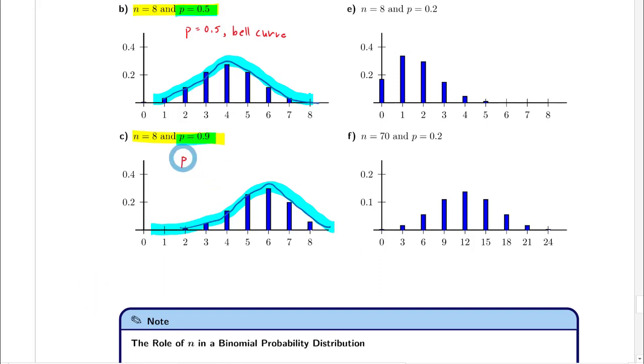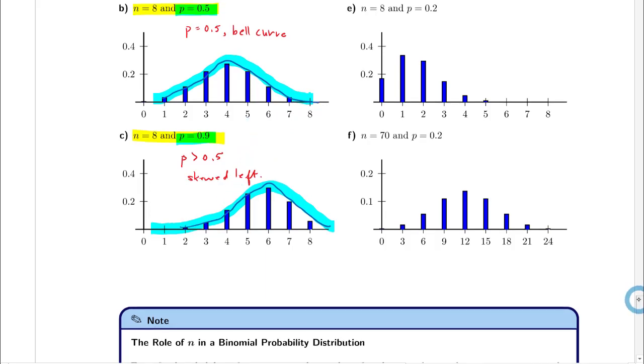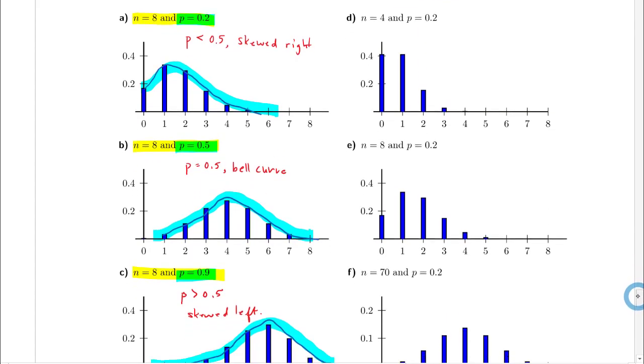Another one is if the probability of success is larger than a half, it has some skewness and it's skewed left. So it's the probability that's really around 50% that gives us the bell curve, but that's just not the way the world works. At least when we know the probability of success, like for the cars, that was less than a half, 0.35, so we know our probability distribution for a certain number of trials will be skewed right no matter what.